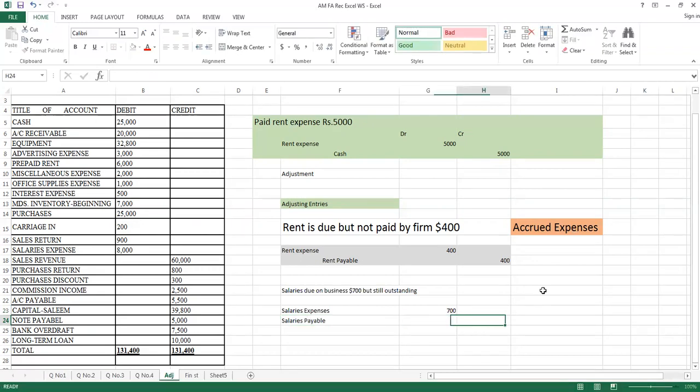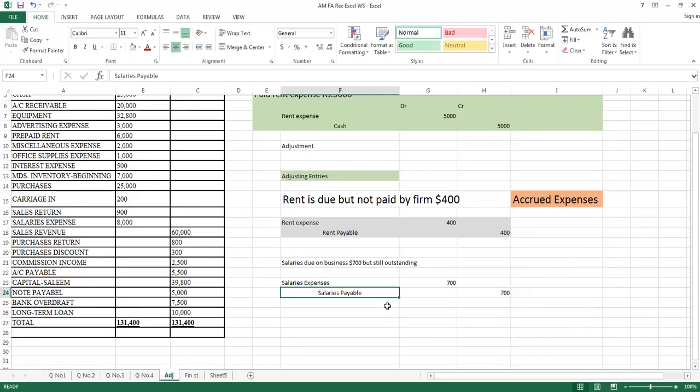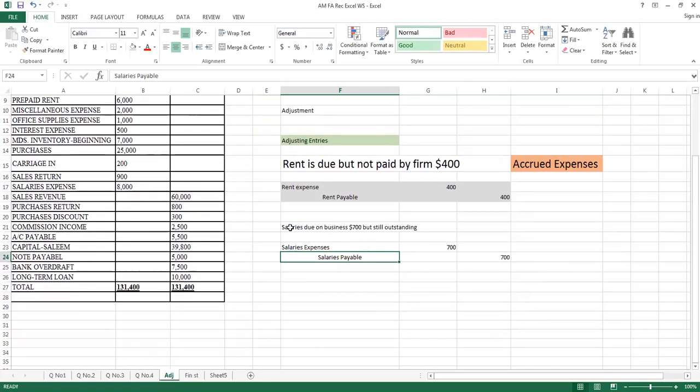Salaries payable credited by 700. I hope that these two entries will give you a concept of under what condition we technically say that we are facing accrued expenses.